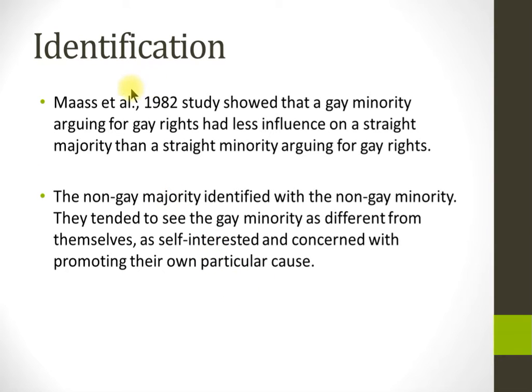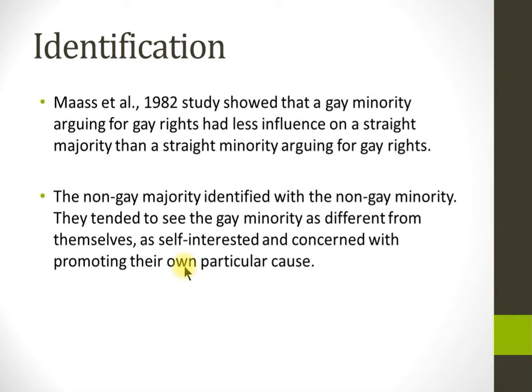Identification. Mass carried out a very interesting study in which he got a gay minority to advocate for gay rights to a non-gay majority. They were far less effective than when it was a straight minority advocating for those same rights to a straight majority.